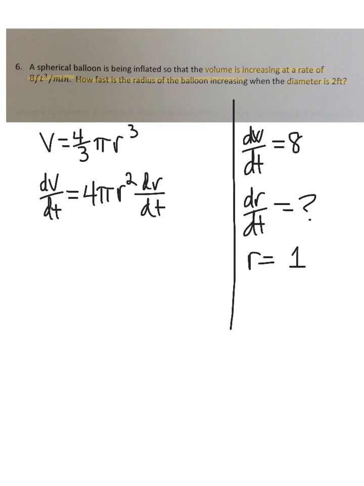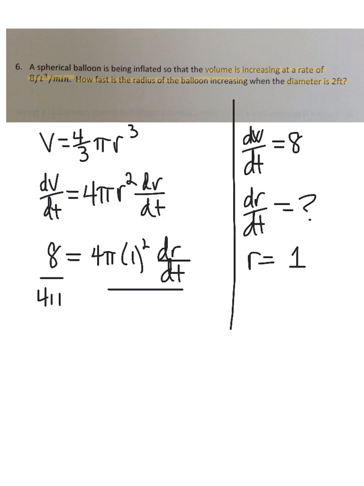Okay, so now let's plug everything in that we know. So we're going to go 8 equals, make sure you're writing this down in your notes packet, 4 pi, this is going to be 1 squared, and then dr/dt. Okay, so we're going to divide both sides here by 4 pi, right? Because 4 pi times 1 squared is just 4 pi. And that's going to cancel all of this out.